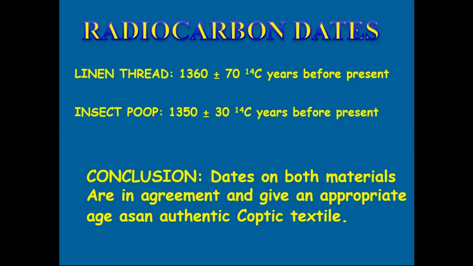Human coprolites, fossilized feces, have been radiocarbon dated in the past, but as far as we know, nobody's radiocarbon dated insect poop. So we made the Guinness Book of Records, I suppose.